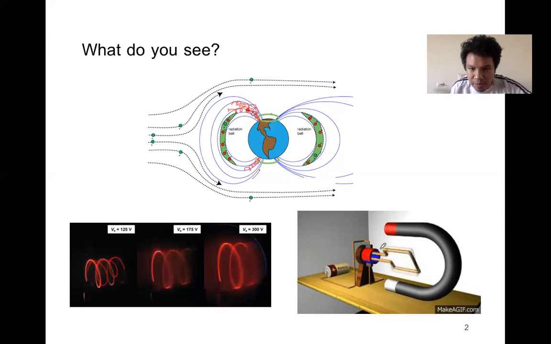And the same principle is applied when we put the current in a loop. So there is going to be the current in this direction and the current in this direction.